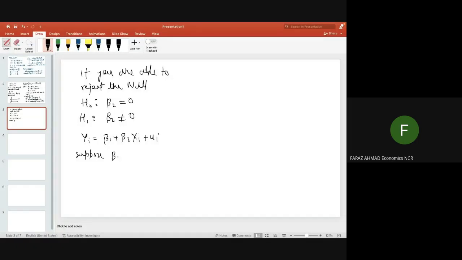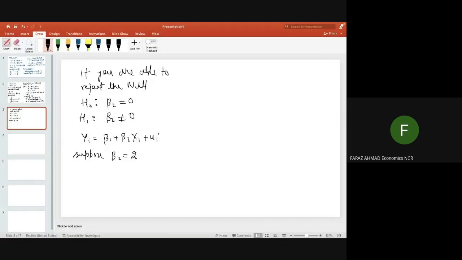And suppose you found that, I mean, we can't find it like this, but just for explanation purposes, I'm assuming suppose beta 2 is equal to 2. I mean, we will never get something like this, that beta 2 is 2. But for explanation purposes, I'm using this.